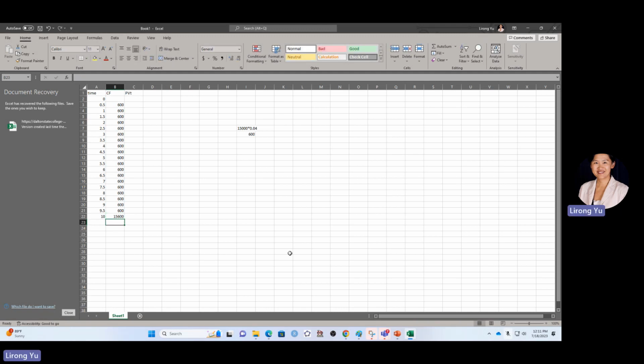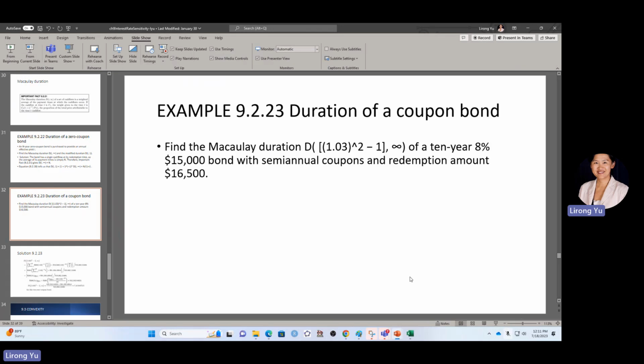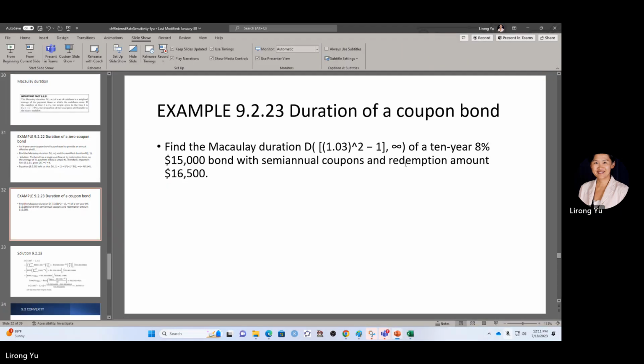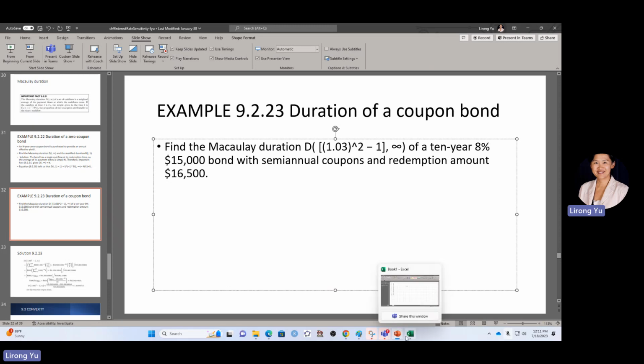All right, and we need to find its present value. So the redemption amount is 16,500. The face value does not equal the redemption amount. The redemption amount is 16,500.